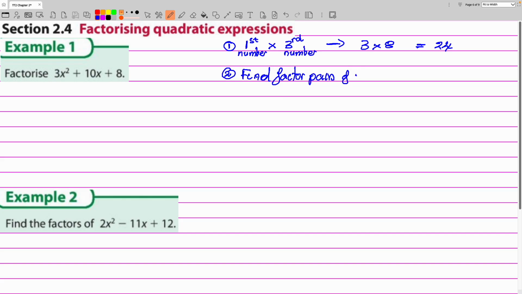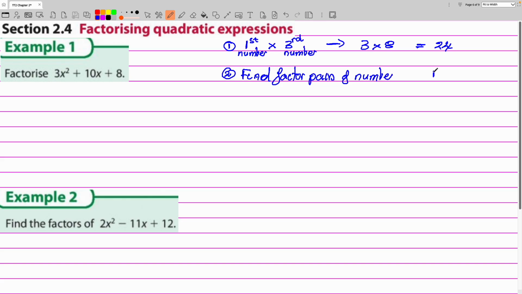I mean, you've just calculated 24, and what I say now is, now find factor pairs of, today it's 24. Tomorrow it'll be another number. So you're finding the factor pairs of the number you've just found.